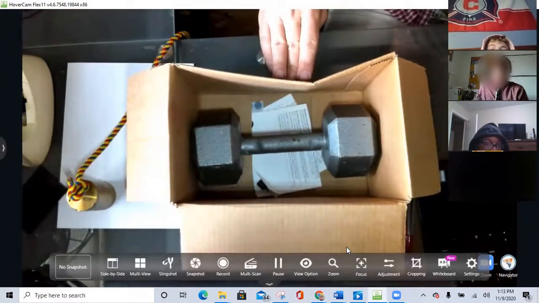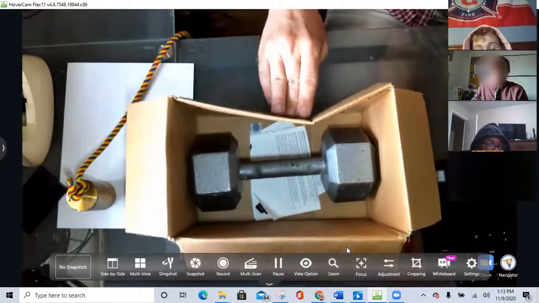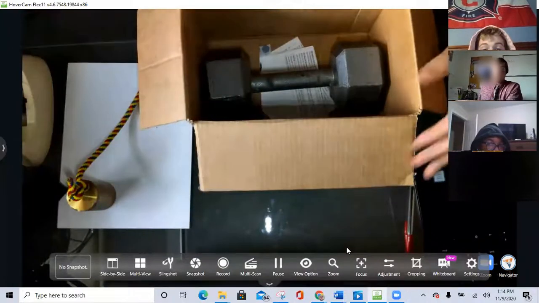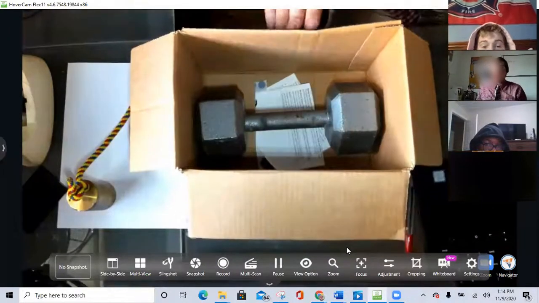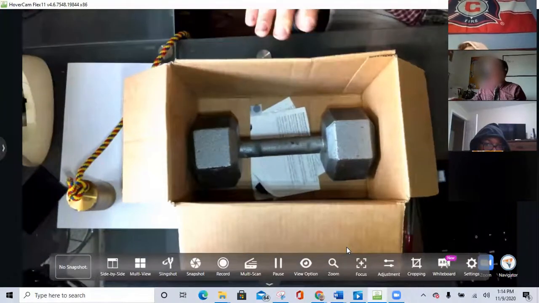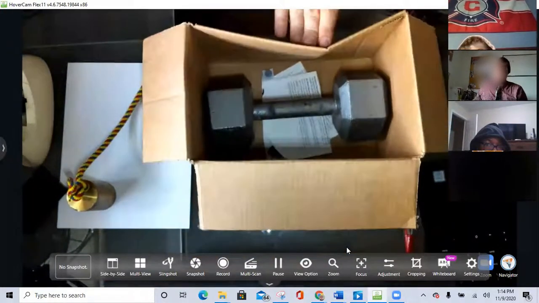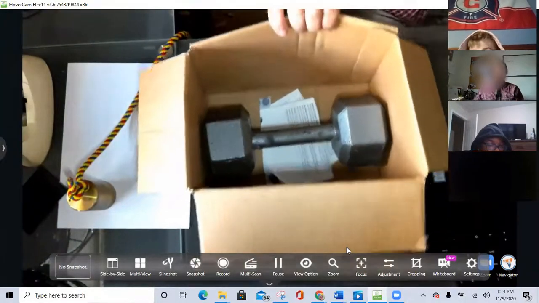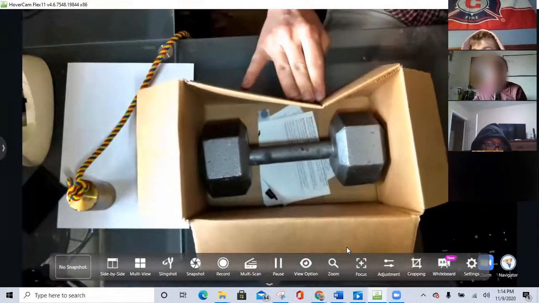If I continue to push harder, I can get it to move. However, when I first push, and you can see this by the box, when I'm first getting it going, there's a bigger deformation, a bigger change in the box than when I maintain it going. It's maybe hard to see a little bit here, but it is harder to get it going than it is to keep it moving.